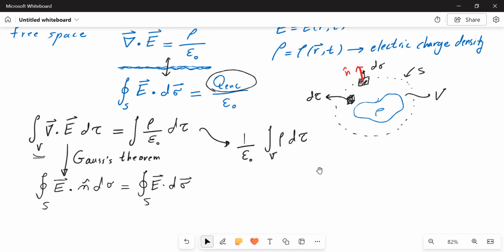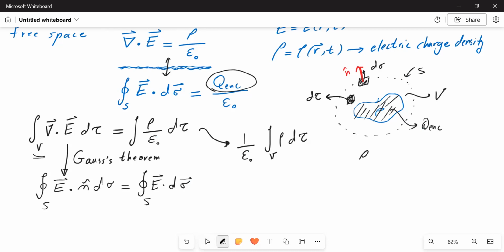So if I have some volume charge density distribution within this volume here, then the total charge enclosed within it would be nothing but the volume integral of this charge density.